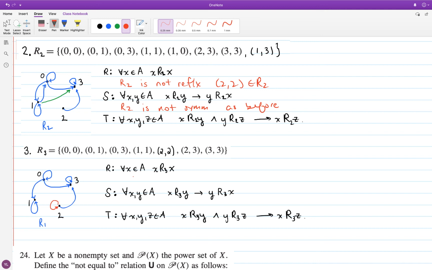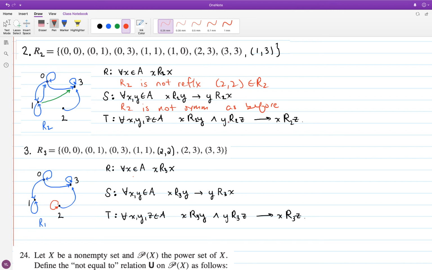I do have 1 related to 0 and 0 related to 3, and I've added in there that 1 is related to 3. So in the set itself, I've got 1 related to 0, 0 related to 3, so those satisfy the two parts of the front end of the conditional, and lo and behold, I do have that 1 is related to 3.